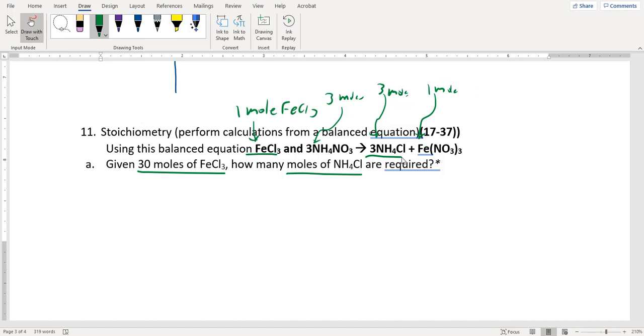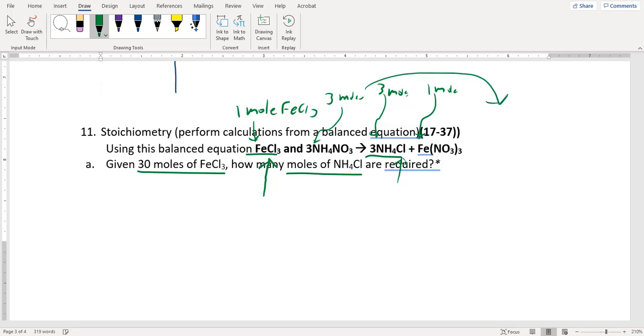Now, we may not be using all of these species in the actual math calculation. In this case, we're only going to use iron chloride and ammonium chloride, and we're going to use the numbers that are in front, 1 and 3. Keep in mind, if there's no number there, then it's implied.